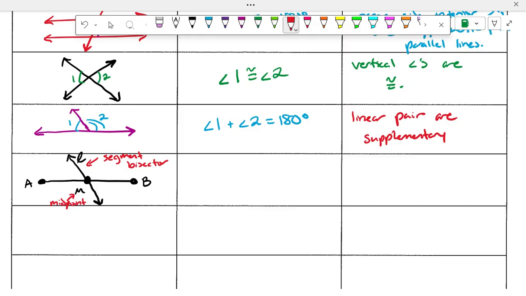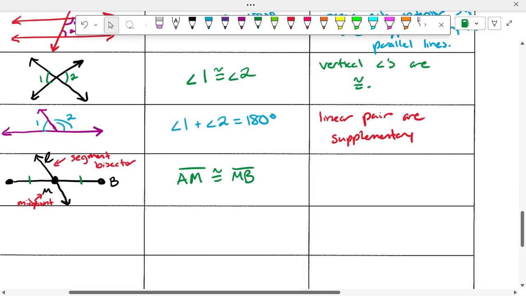So what's true about a bisector? What does it do? It splits it in half. So that means that AM is congruent to MB.